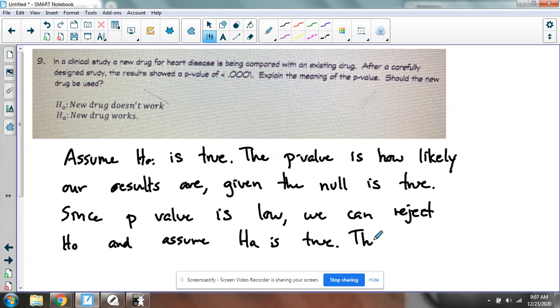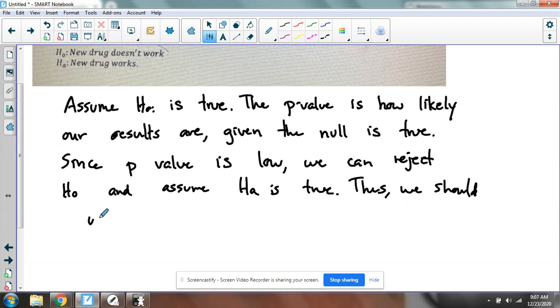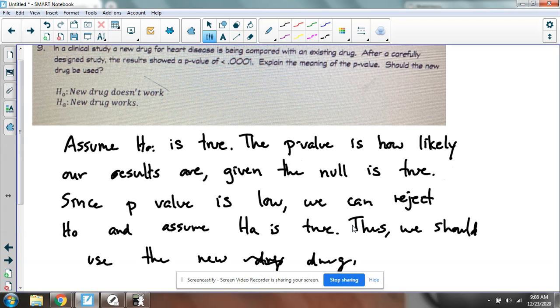Thus, we should use the new drug. Whoops, and pardon my handwriting. Okay, pretty straightforward.